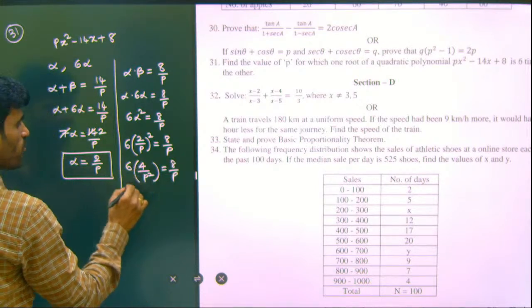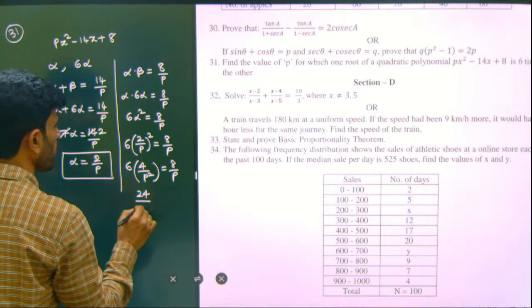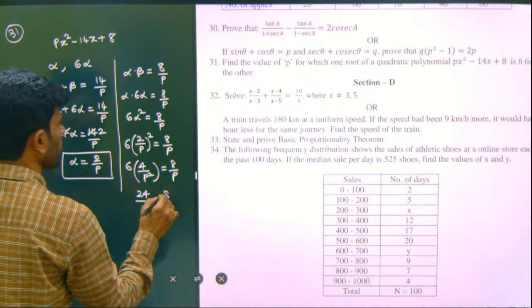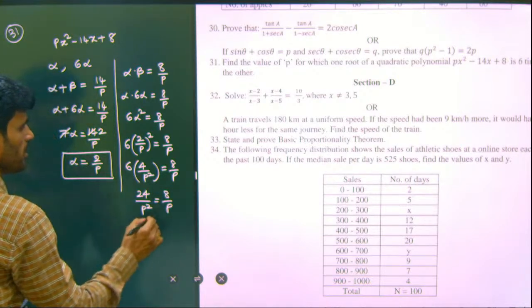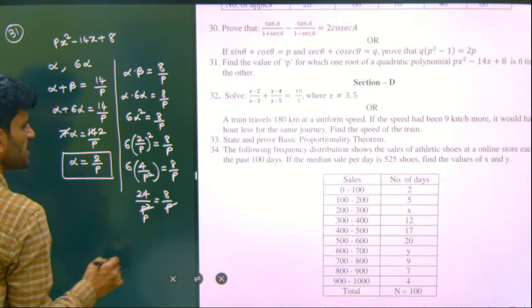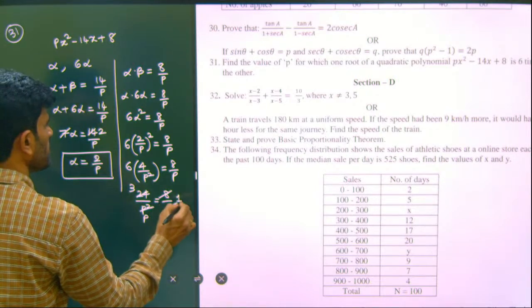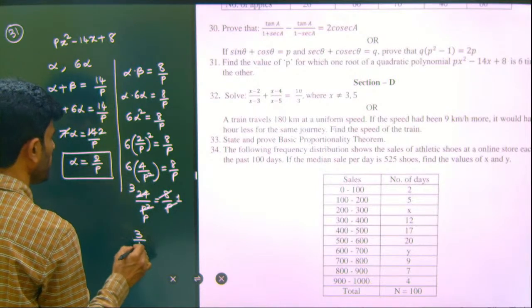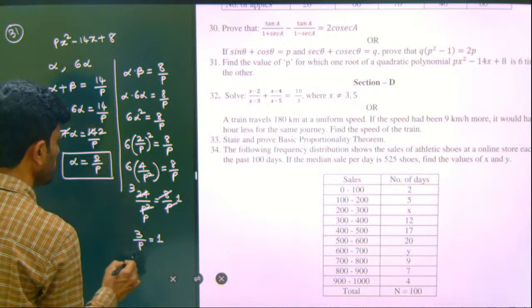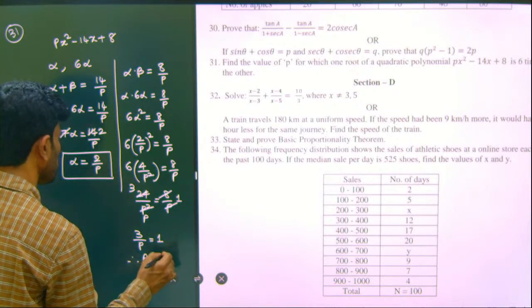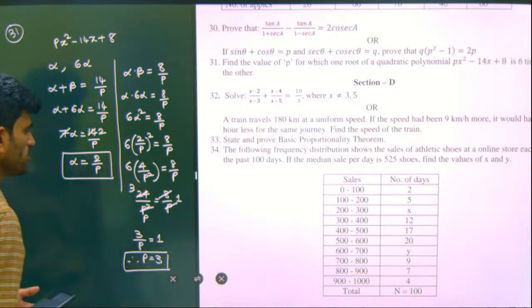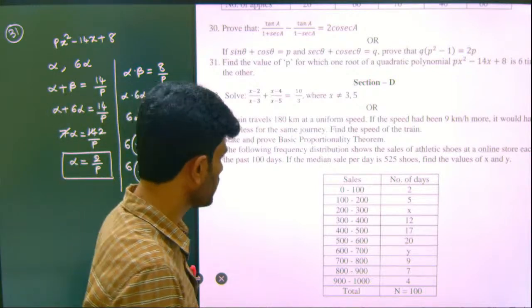Now 6 fours are 24 by p square is equal to 8 by p. Now one p we can cancel here. 8 ones are 8, 8 threes are 24. So 3 by p is equal to 1. Therefore p is equal to 3. Hope you understood how to do it.